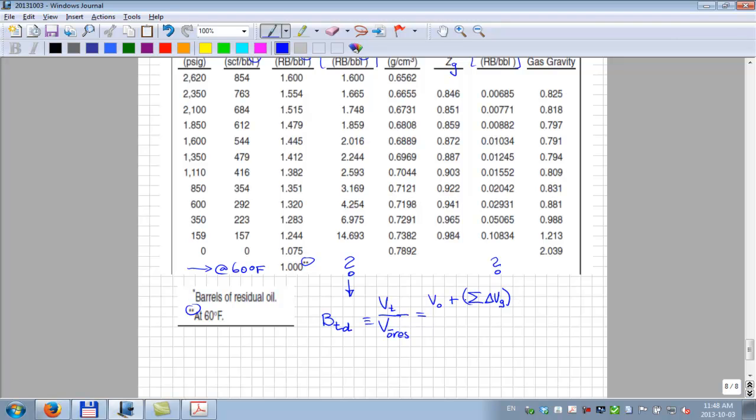It's all of the gases released from bubble point to the current pressure, but those volumes are expressed at the particular pressure of interest.